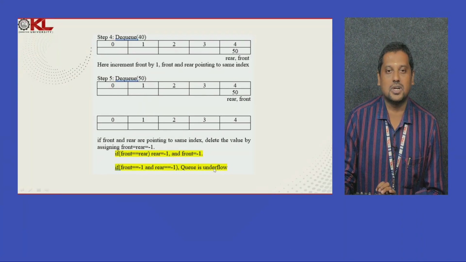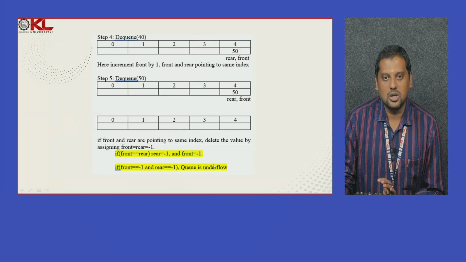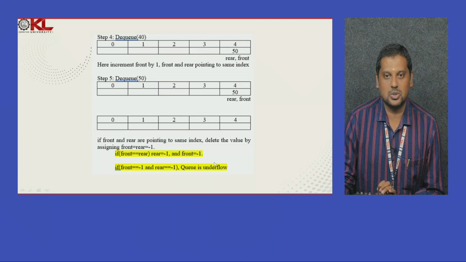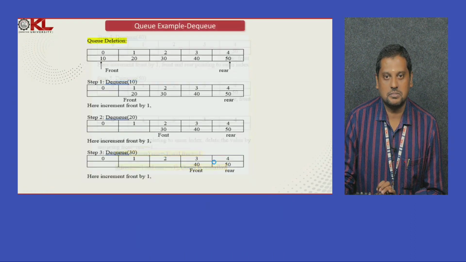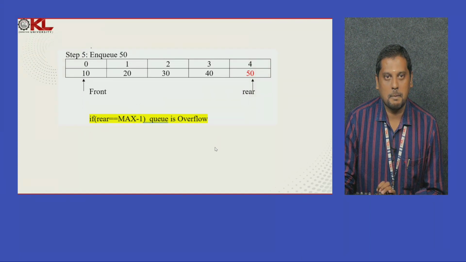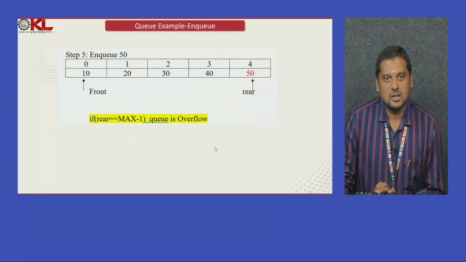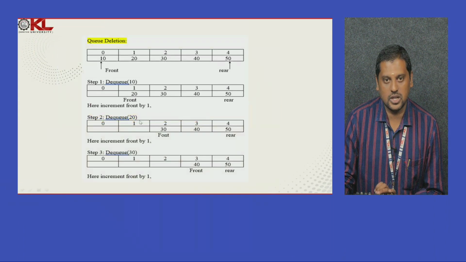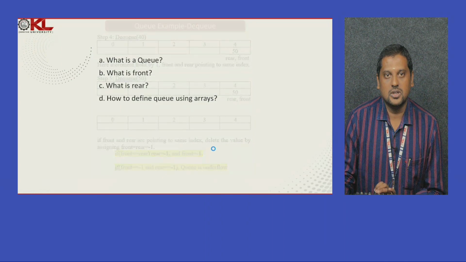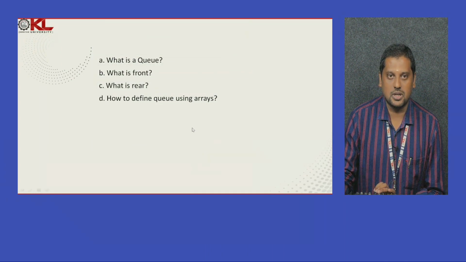Since it is an underflow condition, be very clear when an overflow condition will happen and when an underflow condition will happen. So with this, the overflow condition is if rear value is max -1, as well as for underflow condition my front and rear value will be -1. So with this, both the operations are very important.